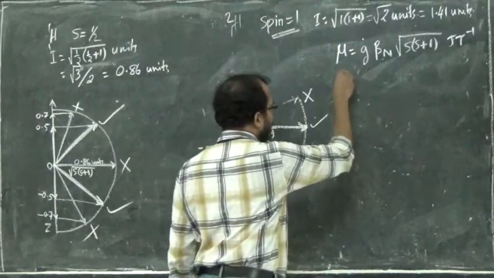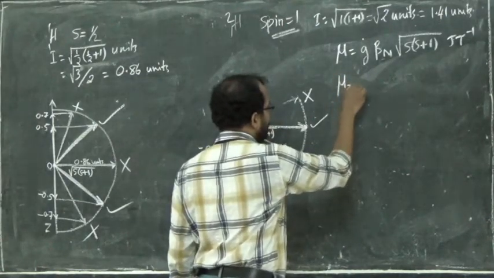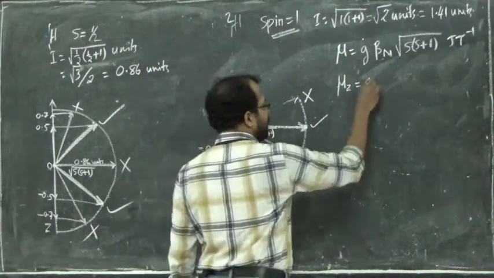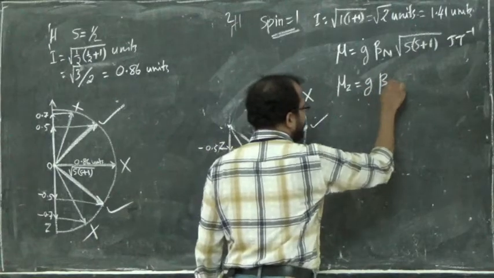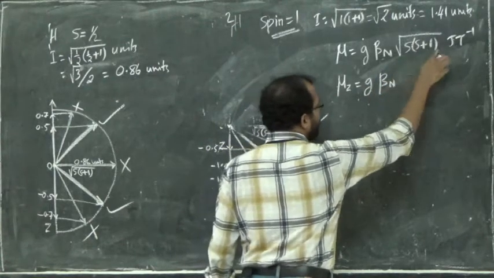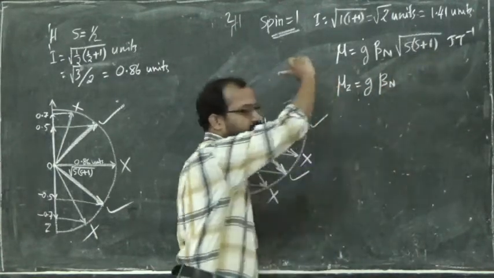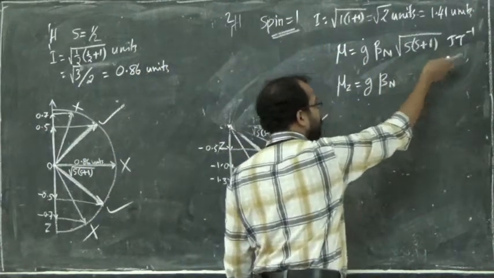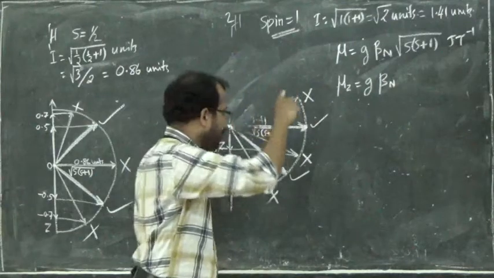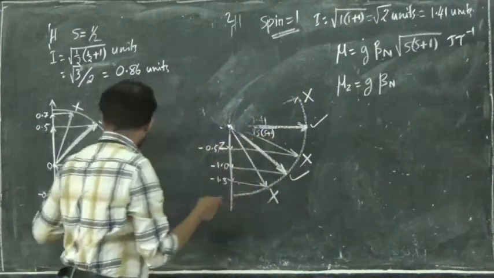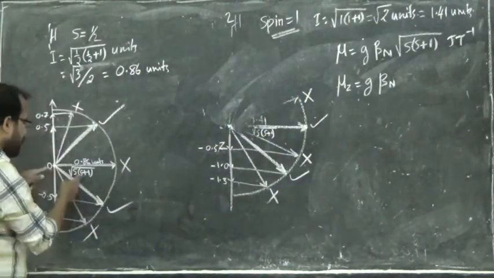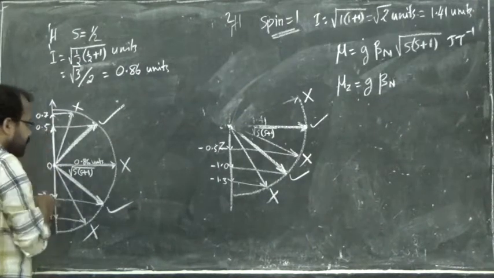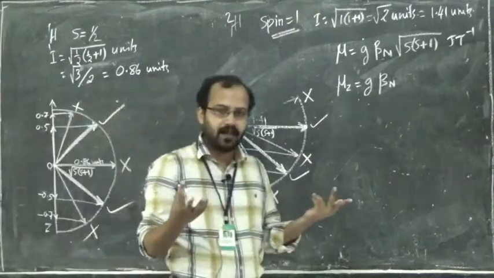The component of the magnetic moment in the reference direction mu is equal to G beta n into the component of this quantity in the reference direction. What is the component of root of S into S plus 1 in the reference direction? The component of this root of S into S plus 1 in the reference direction is nothing but Iz.